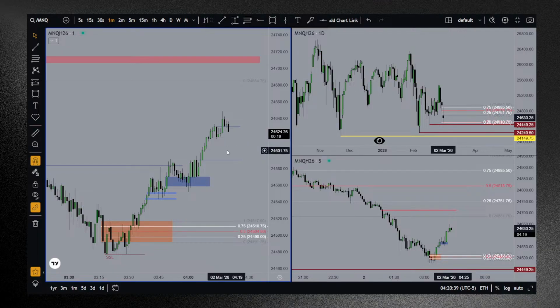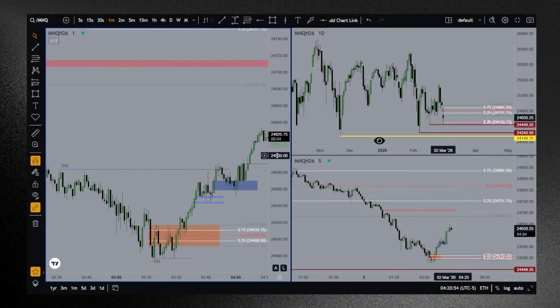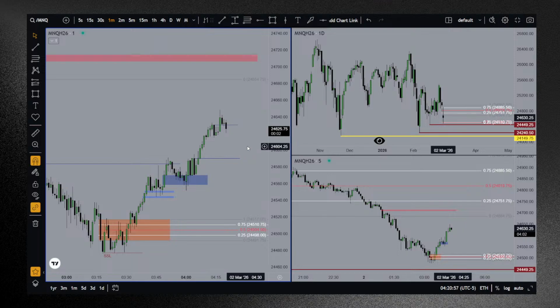And because the higher time frame is bearish, it's something to be considered at all times, regardless where it forms. Hint, hint, nudge, nudge.